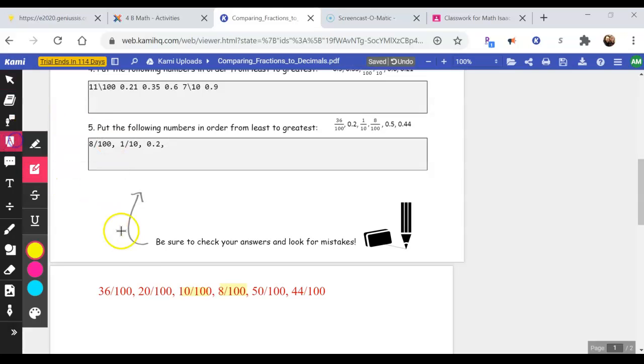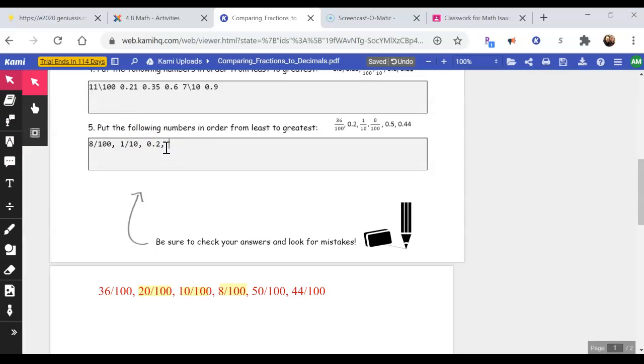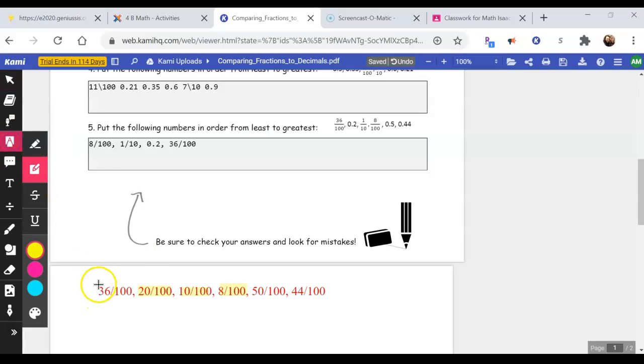Okay, moving right along. Next, 36 hundredths. That's going to be your next number because it is less than 44 and 50. It's 36 hundredths because that is the actual number; we don't have to convert that back. Let's highlight that and get that done.